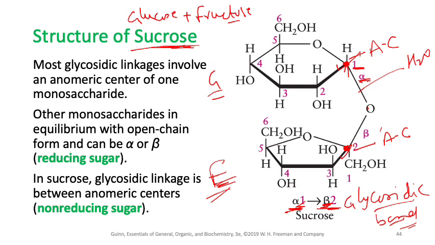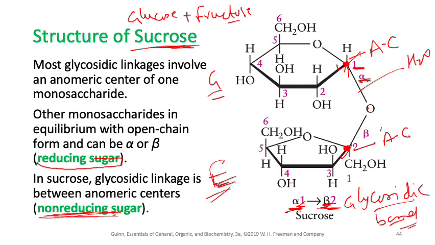If they cannot convert into aldehyde or ketone in a Fischer projection when you dissolve in water, then that means they cannot reduce or oxidize anything. So that means sucrose is a non-reducing sugar.